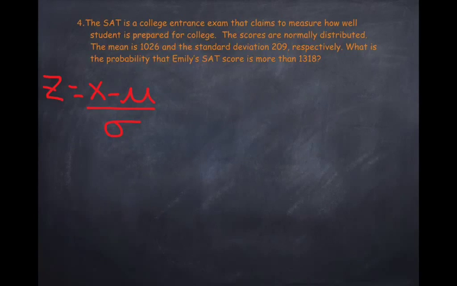And so when you find this probability, you can make yourself a sketch, and pretend that's somewhat of a normal curve. Here's our mean at 1026. For Emily, we're looking at a score of 1318, and we want to see what is the probability for that to be more than 1318.